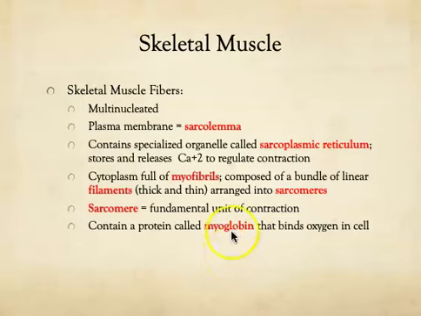These two proteins share structure in common. They both contain heme units, and it's the heme that can bind to gases like oxygen. The difference is that hemoglobin is found in the blood, in red blood cells.